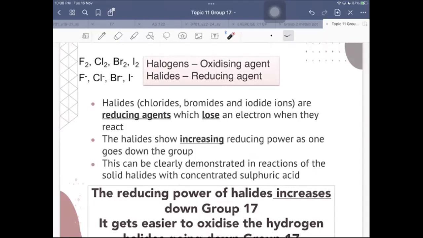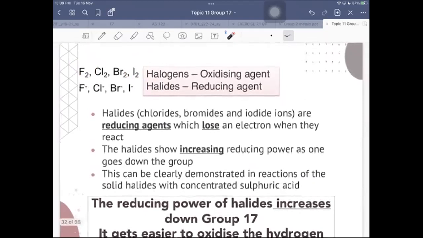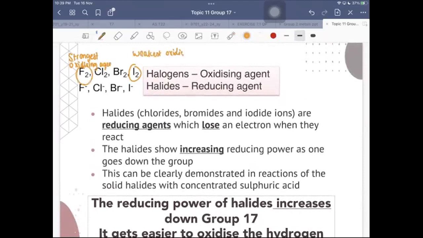For the halogens, the oxidizing power decreases as you go down the group, where iodine is the least reactive, fluorine is the most reactive, or we say the strongest oxidizing agent, whereas iodine is the weakest oxidizing agent.